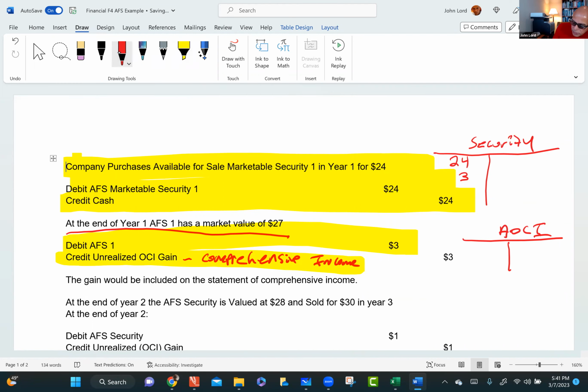To accumulated other comprehensive income, because accumulated other comprehensive income, remember guys, is like the retained earnings of comprehensive income. So just like you close net income to retained earnings, we would close my other comprehensive income to the accumulated other comprehensive income.